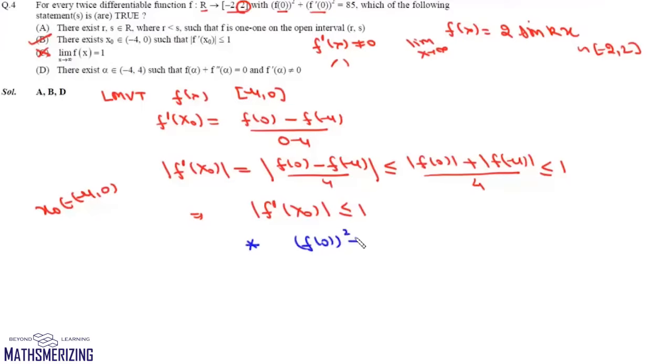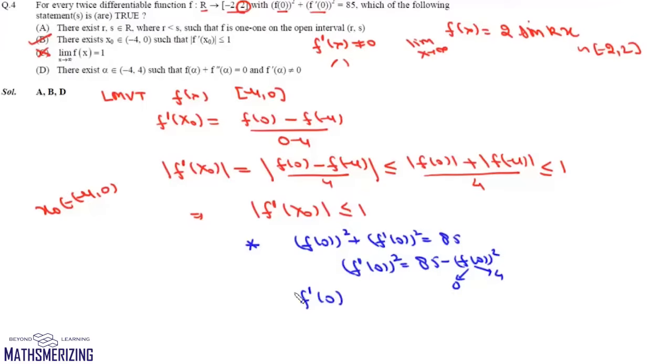f0 square plus f dash 0 square equals 85, then f dash 0 square will be 85 minus f0 square. Now minimum value of f0 square is 0 and its maximum value will be 4. So from here we can say f dash 0 square will be less than or equal to 85 but greater than or equal to 81.